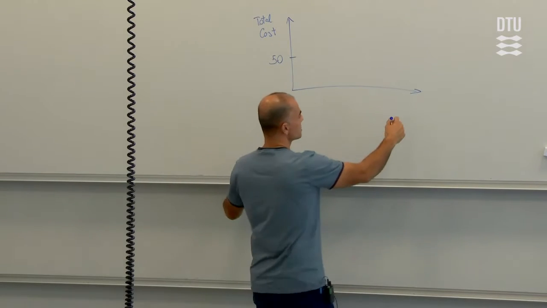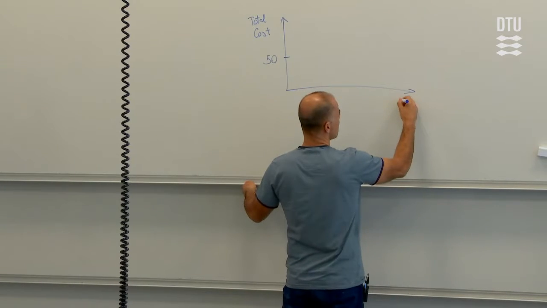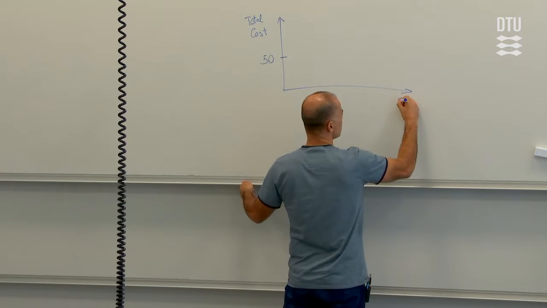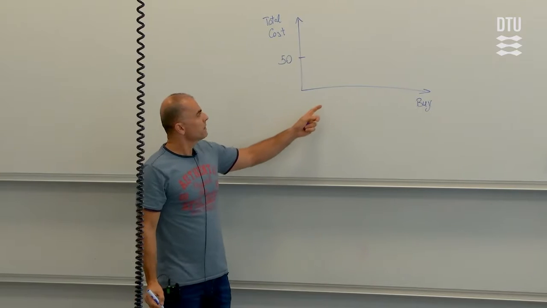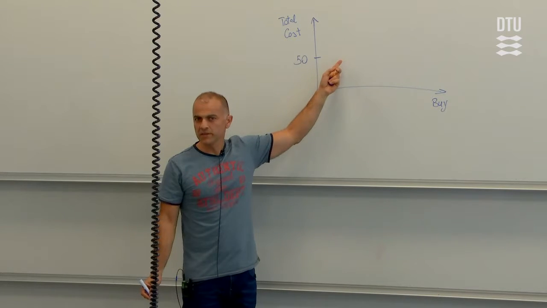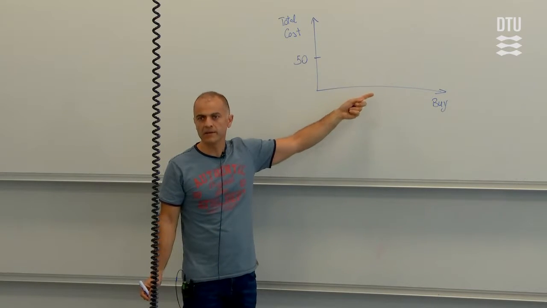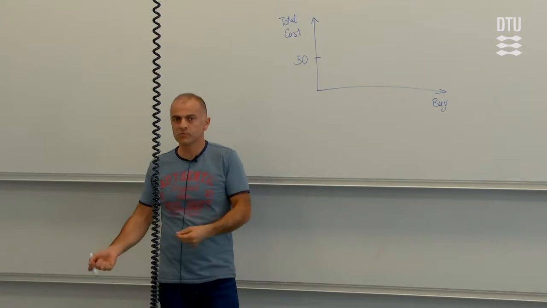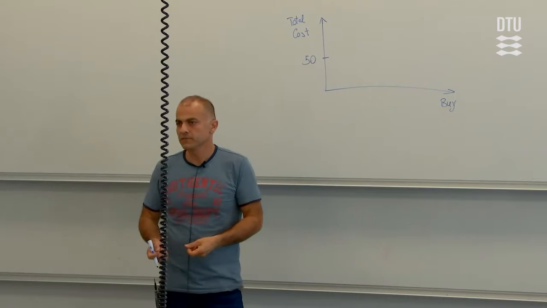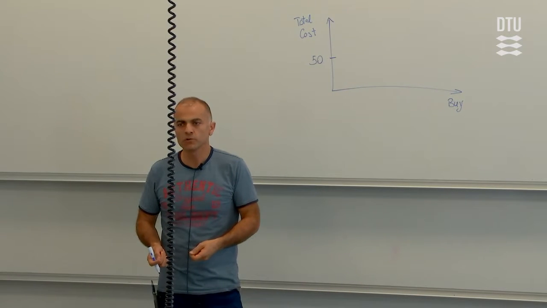And in this one, this is my X, let's say how much I buy. So what is the break-even point? So how much do I have to buy before I don't care whether I pay the 50 krona or 0.1% of the amount I have just bought?